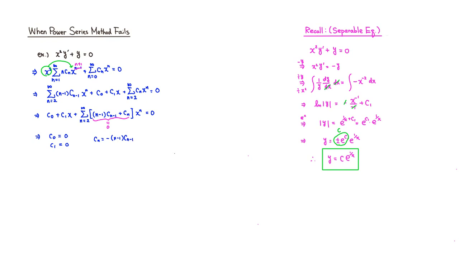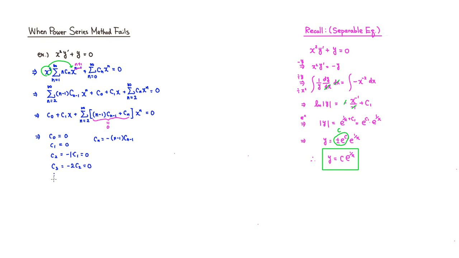If you want C2, it's negative 1 times C1, but C1 is 0, so C2 is 0. C3 is negative 2 times C2, but C2 is 0, so C3 is 0.